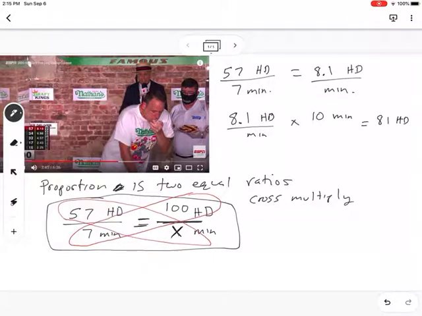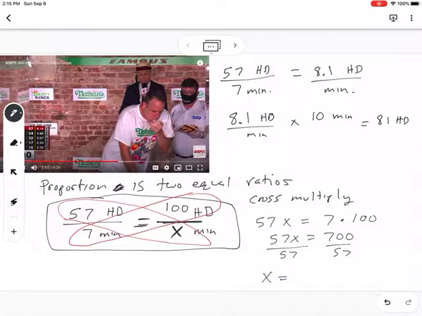So the way that plays out is, and it doesn't matter which one you do first, I'm going to do the one with the x in it first. So what that tells us is 57x equals 7 times 100. Now this just becomes an equation that you all know how to solve. 57x equals 700. I'm going to divide both sides by 57.